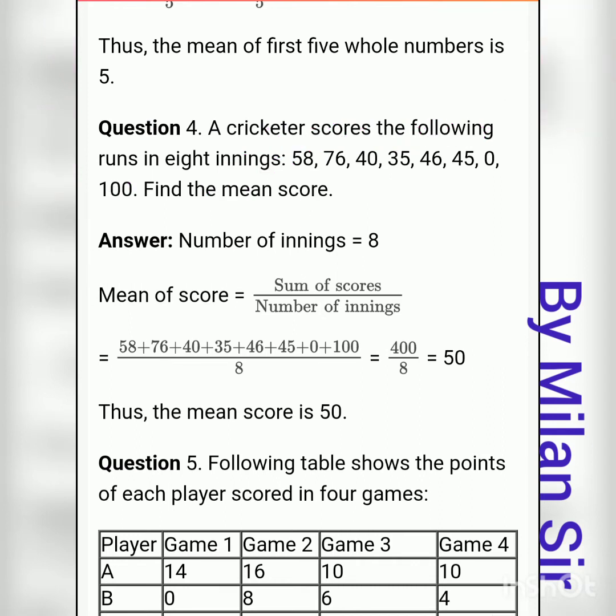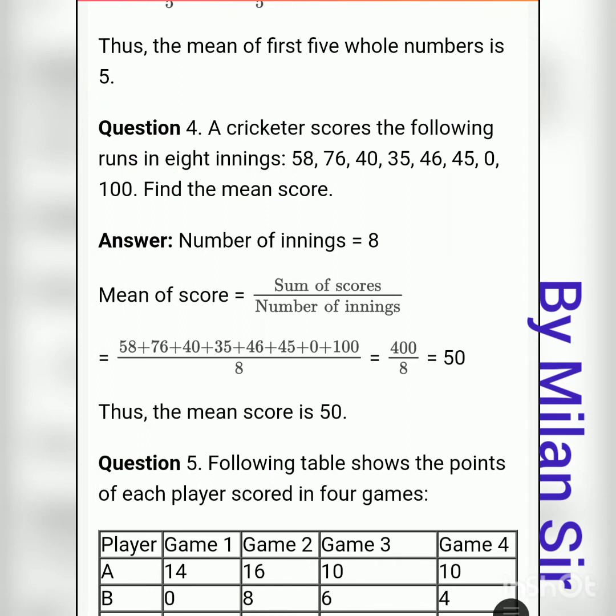Again, we need to write the formula. Mean of score is equal to the sum of the numbers divided by total numbers. In the numerator we need to find the addition of all these numbers, and in the denominator we need to write the total number.